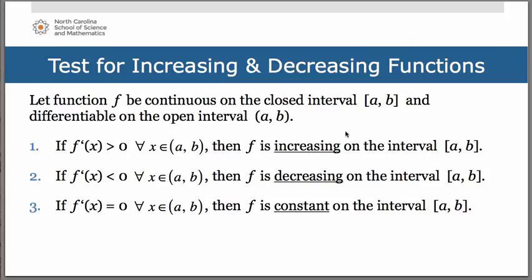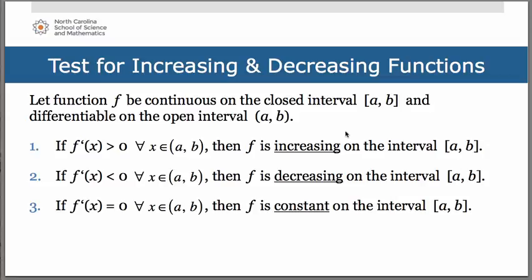It leads us to the test for increasing and decreasing functions. If f is continuous on the closed interval from a to b and differentiable on the open interval from a to b: If the derivative is positive, greater than 0, for all x's in that open interval from a to b, then f is increasing on the interval from a to b.